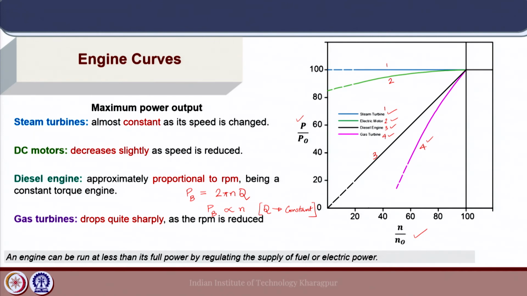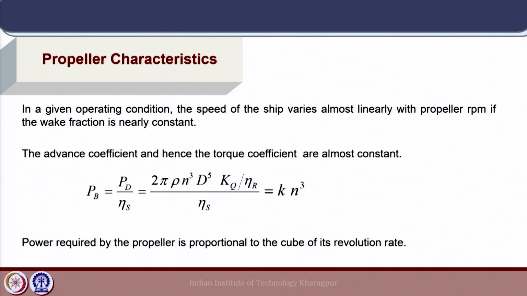If we make a general conclusion for different kinds of engines, the engines can be run at less than their full power by regulating the supply of fuel or electric power as required for that specific type of engine. Now, let us consider the propeller characteristics.